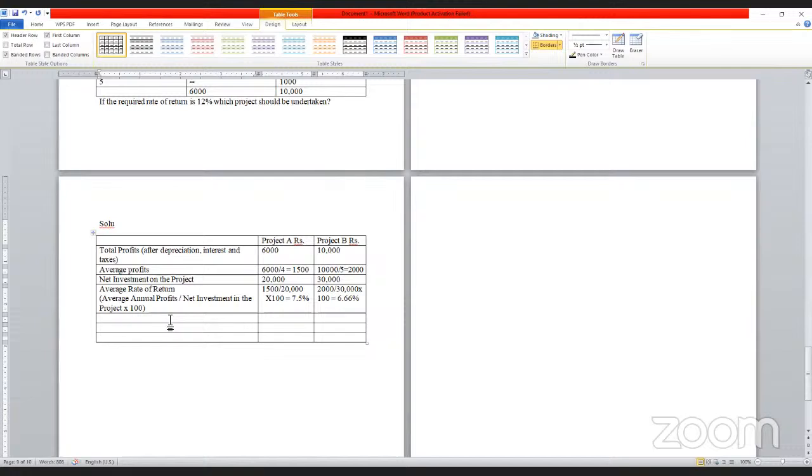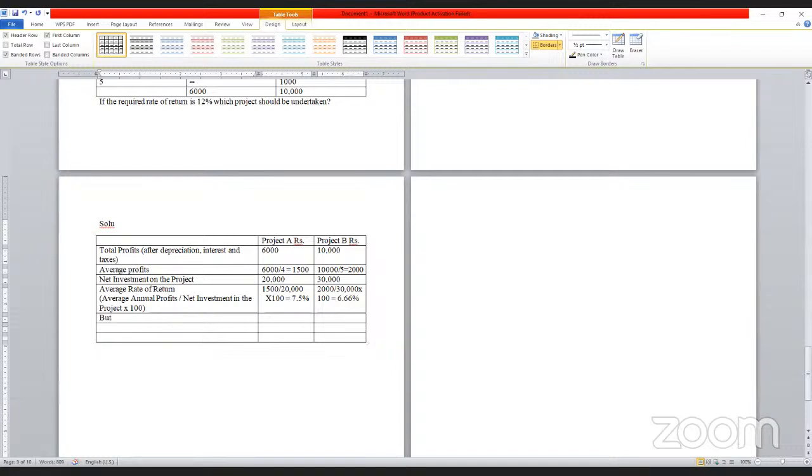Next, but if we calculate rate of return on average investments, which is initial investment divided by 2, then how much you will get? We'll write that also.